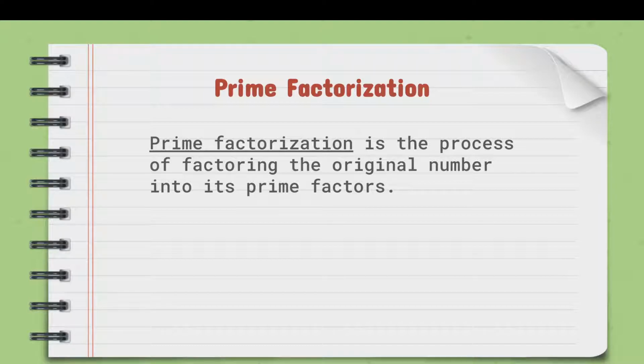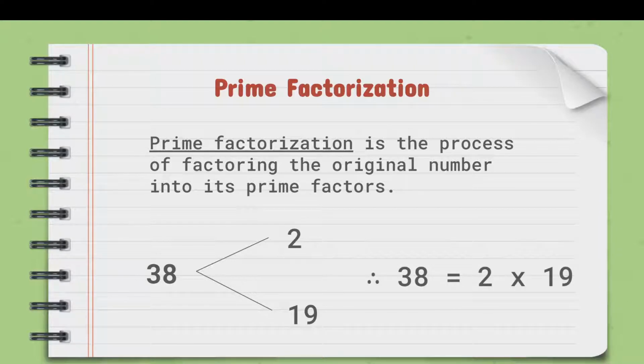Let's try finding the prime factors of 38. At first, since 38 is an even number, we can divide it by 2. Then we get 19. Is it divisible by any number? No, right? 19 is a prime number, so we stop here. Now we know that 38 is the product of 2 and 19.